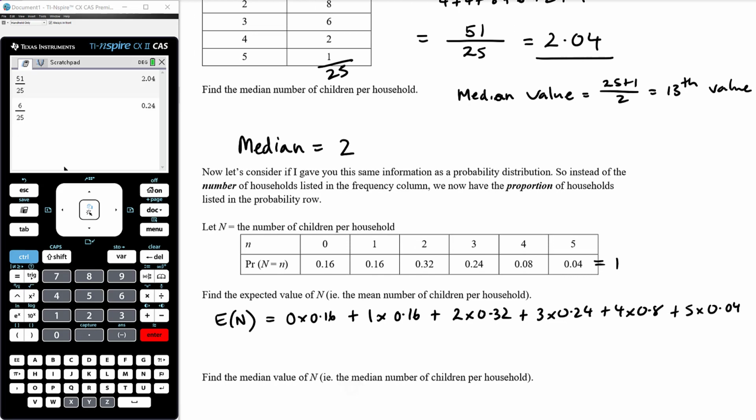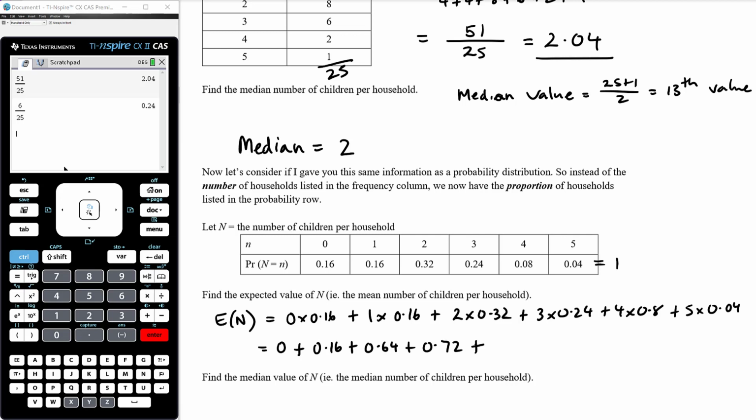And yes, we would then divide by the total frequency, which in this case is 1, so it's irrelevant. So if we work that out, obviously 0 times 0.16 is 0, plus that's 0.16, plus that's 0.64, plus 3 lots of 24 is 72, so 0.72.